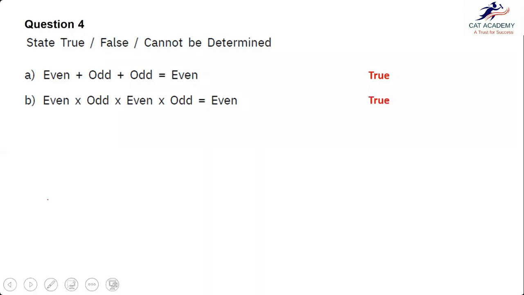This one is also true because, as I said, an even number in a multiplication makes the whole multiplication even.